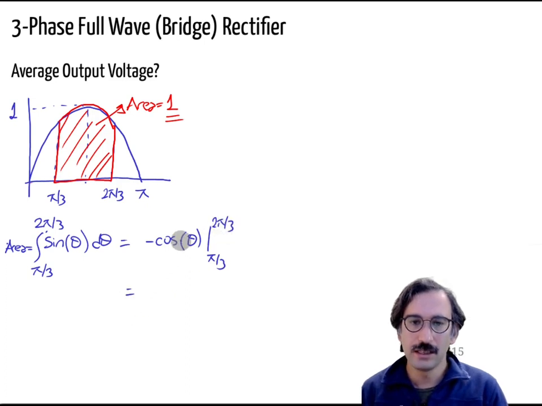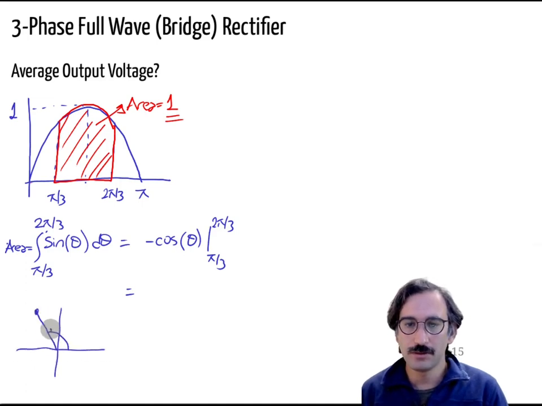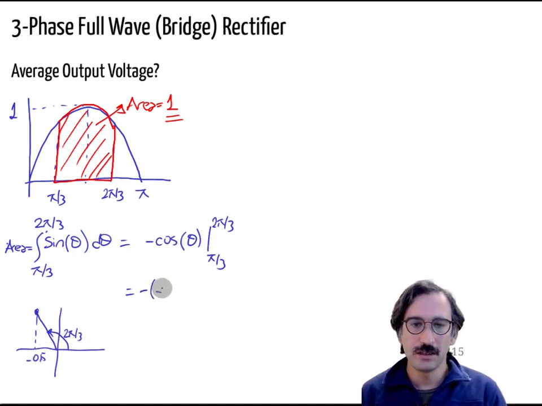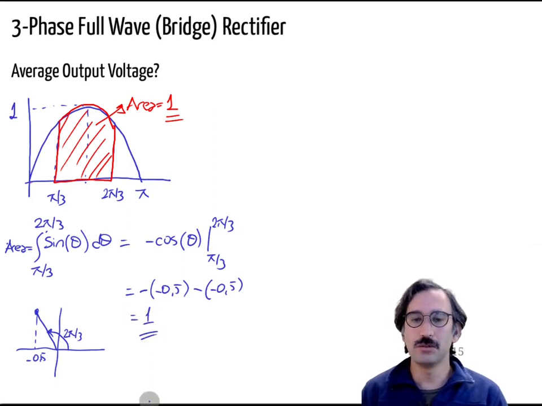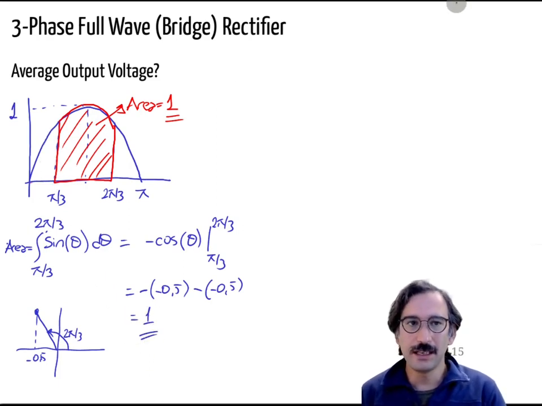If we cannot remember, the cosine of 2 pi over 3 is minus 0.5, right? So minus (minus 0.5) minus 0.5, and that is equal to 1.